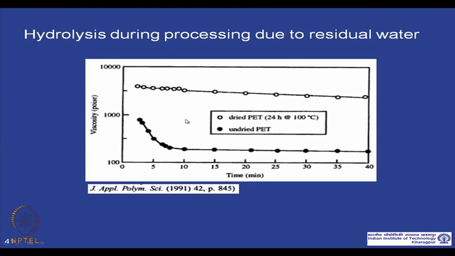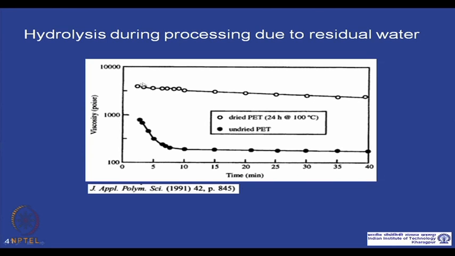This is one example of the hydrolysis happening during processing at higher temperature and higher shear rate. This is for a polyethylene terephthalate which has been dried at 100 degrees centigrade for 24 hours. That means the moisture content in this polyethylene terephthalate sample is very low. So, during processing the hydrolysis is less.